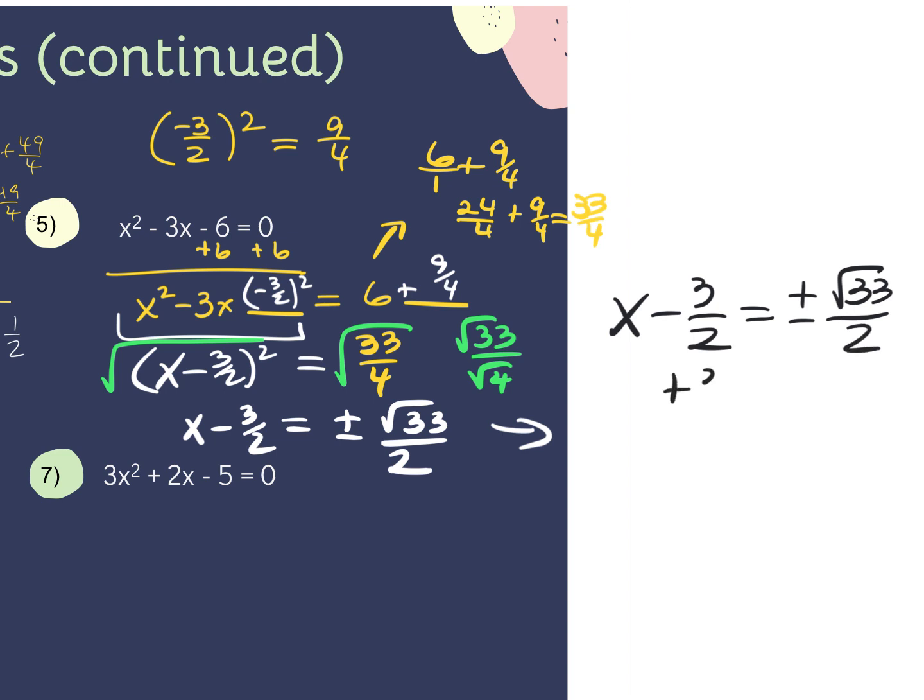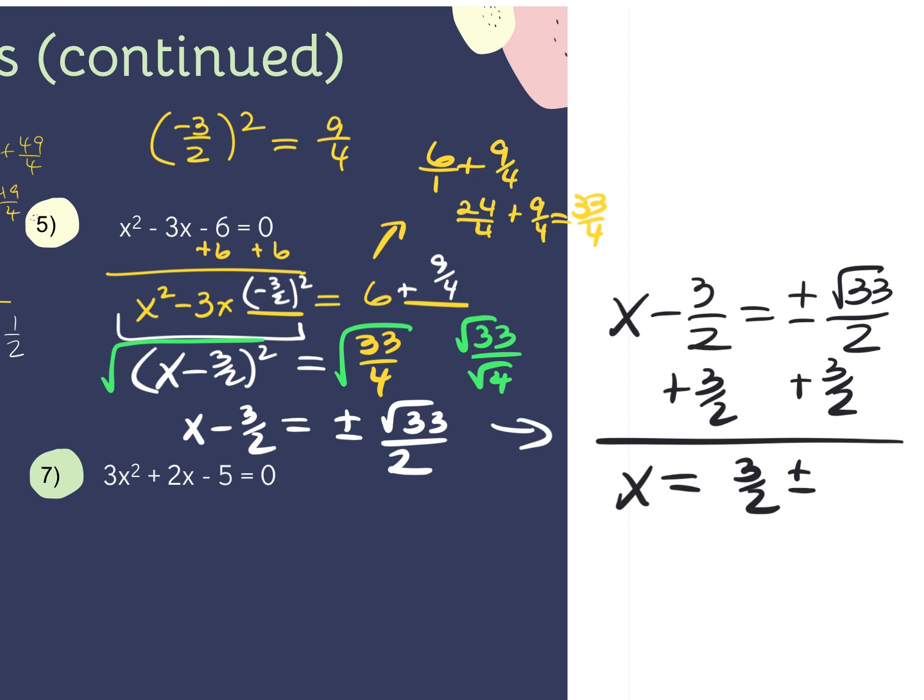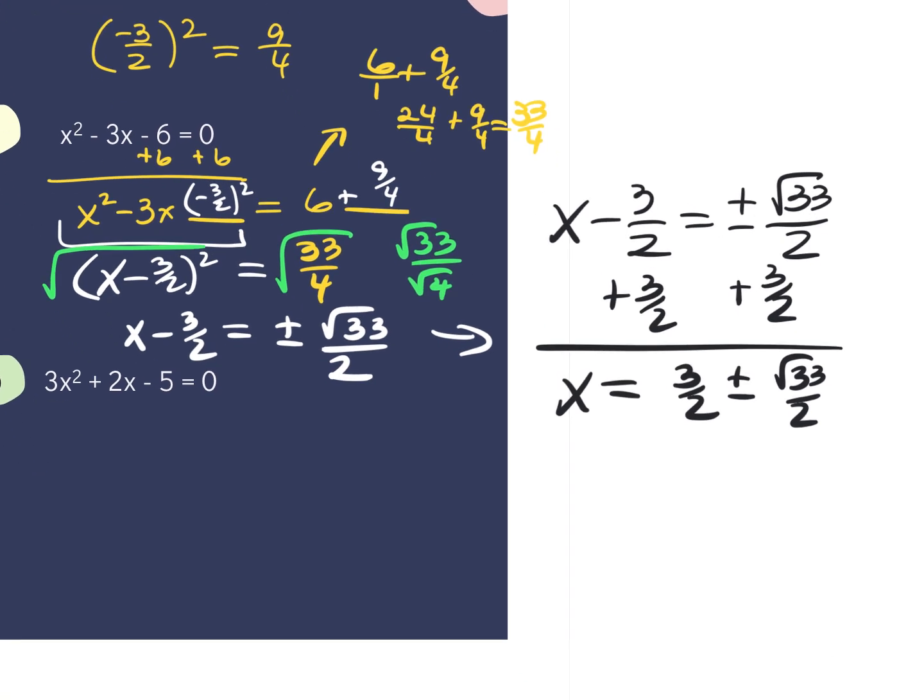I need to add 3 over 2 to both sides. x is equal to 3 over 2 plus or minus square root 33 over 2. Notice they already have a common denominator. So if you want to write it as 3 plus or minus square root 33 over 2, you can do it that way.